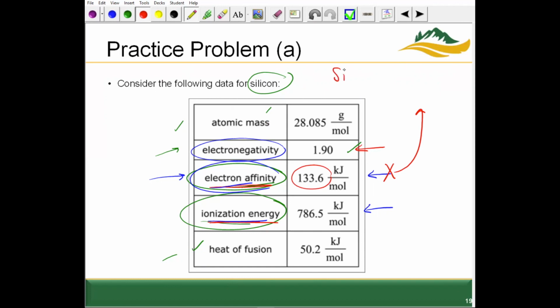Well, that has to be neutral silicon. Then we add on one electron to make this the anion form of silicon. This is the only way we could use this number for electron affinity, if we saw the neutral atom gain an electron to form the anion.